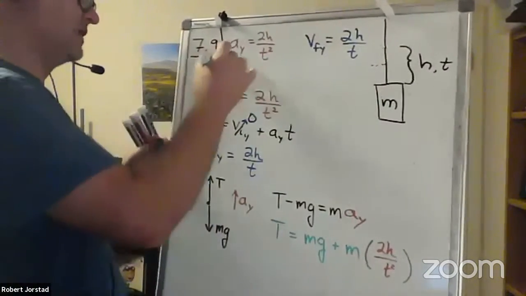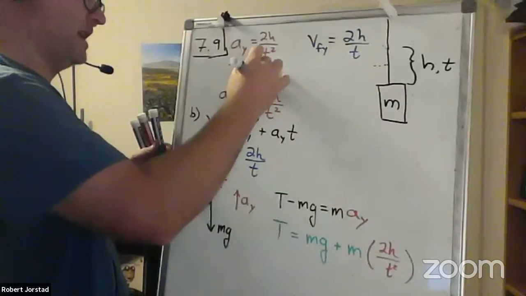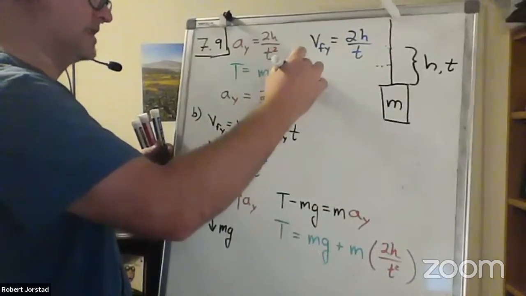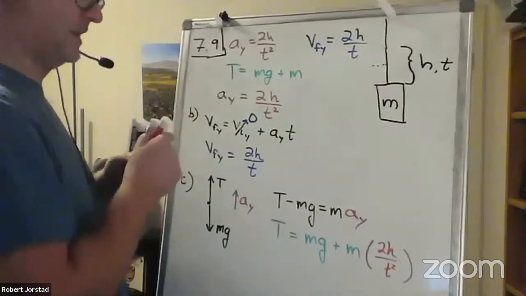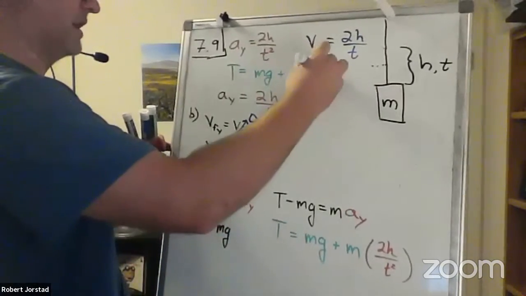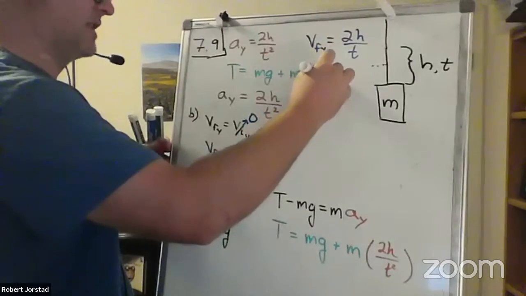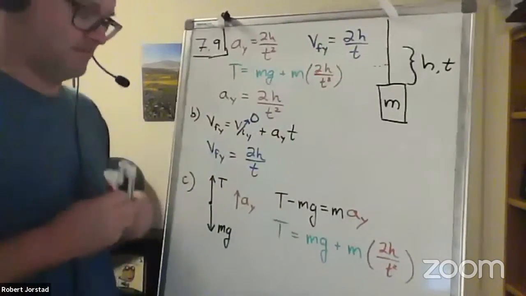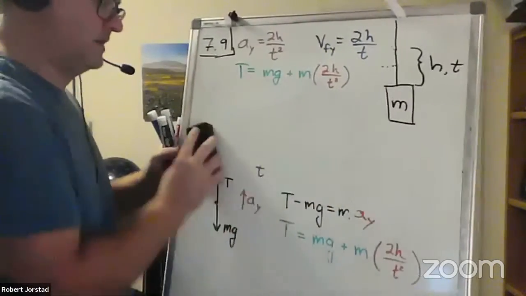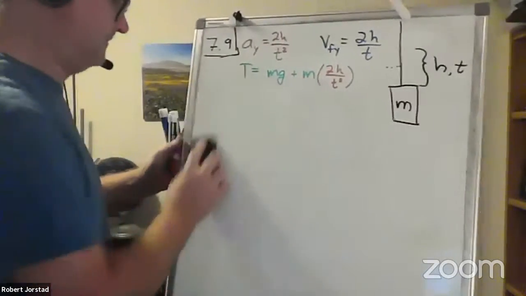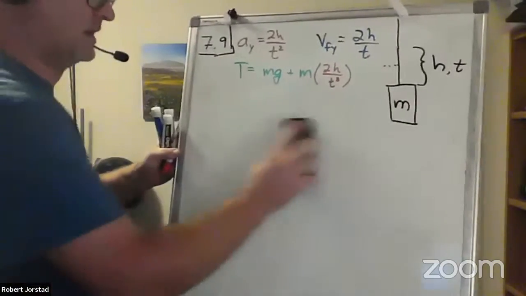And then we found the tension was mg plus m. I'll just leave it in this ugly form here. Who cares? We could see where everything comes from if I write it that way. And now I can erase the board so we have some room to work. So far, so good.